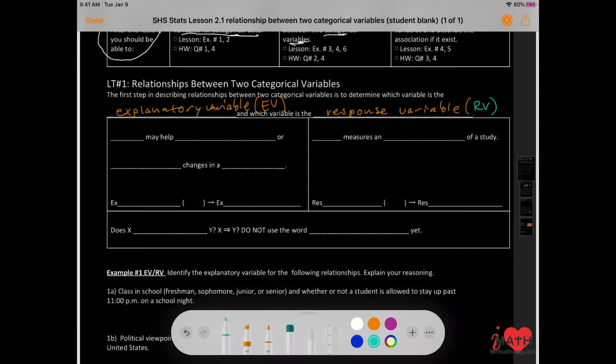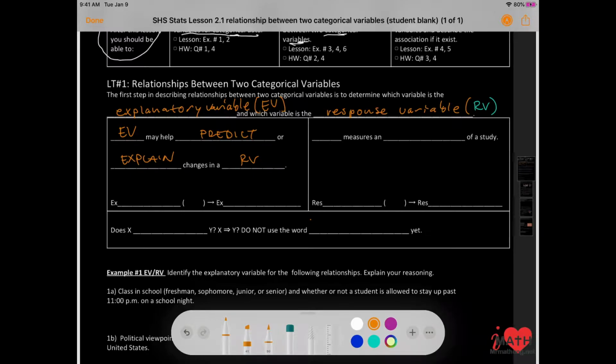So an explanatory variable, EV, nope, I wanted to use orange. An explanatory variable may help predict or explain changes in a response variable.